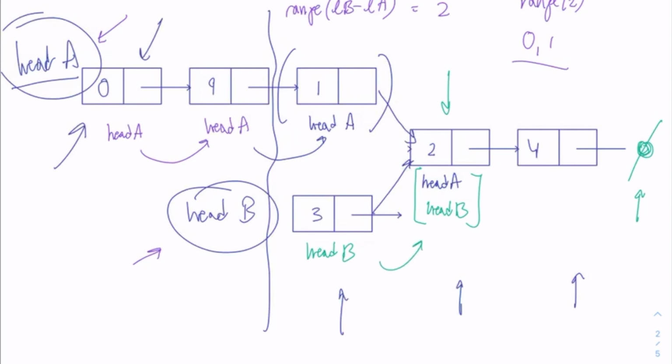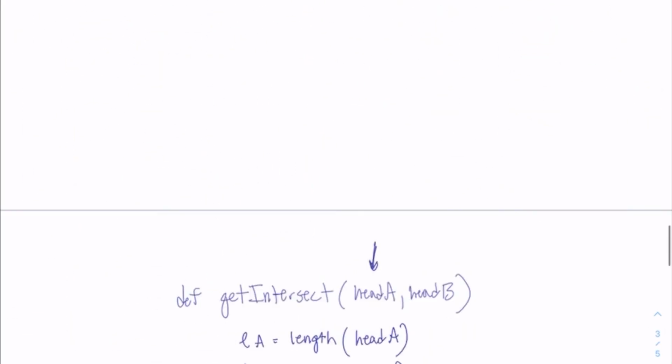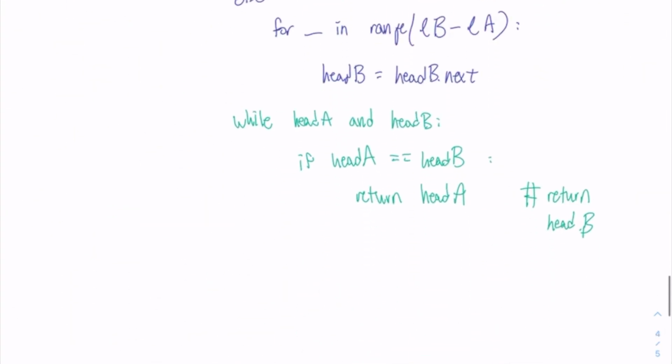But how do we iterate both of these variables to this node? It's simple. We just do head A equals head A dot next and head B equals head B dot next.